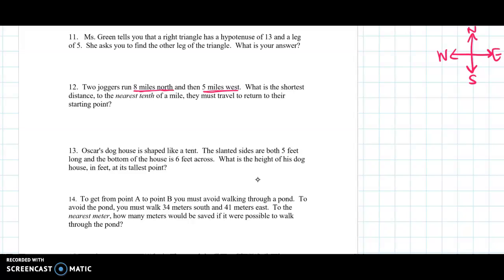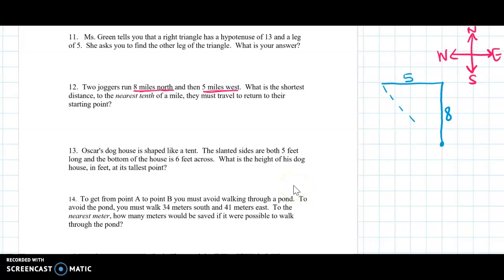So if we have a starting point right here, they run 8 miles north and then they run 5 miles west. And we want to know what is the shortest distance they must travel to return to their starting point.